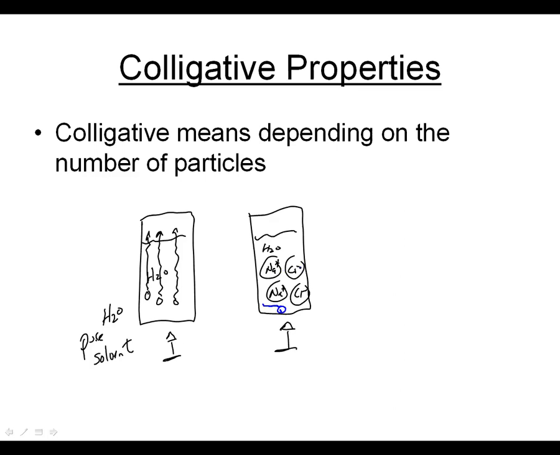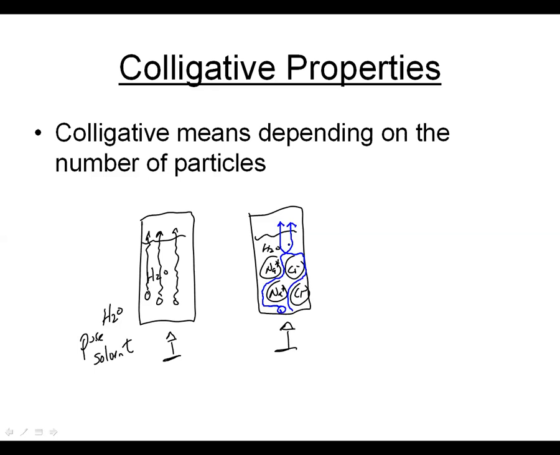It takes a little bit longer for them to get away and get out of the solution. And depending on the number of particles that you put into the solution, it could have a drastic effect on properties of the solution, things like boiling points, things like melting points or freezing points, things like vapor pressure.